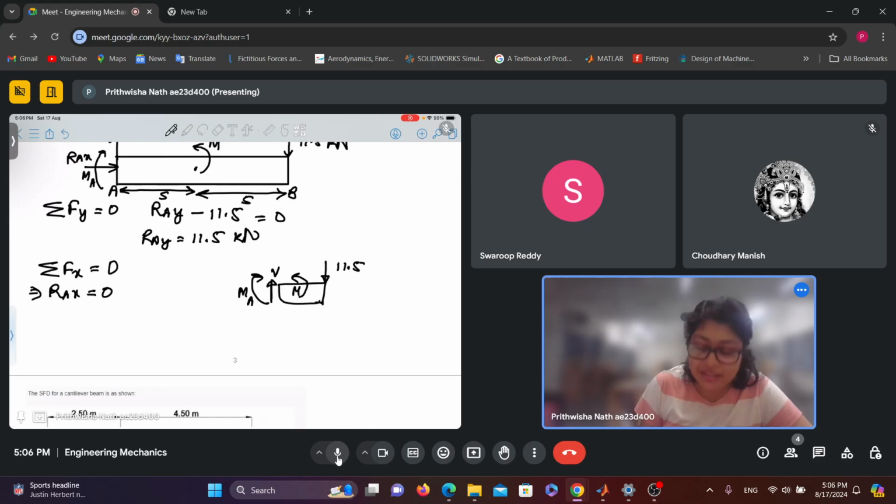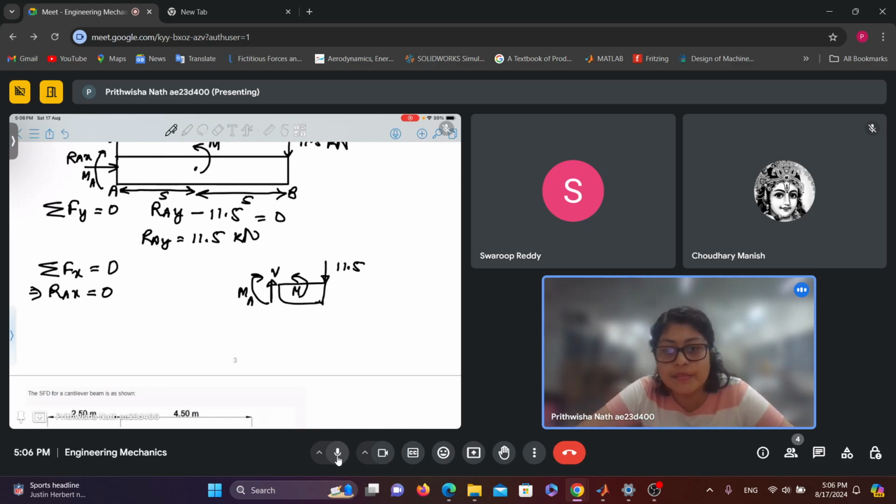Now for moment equilibrium, what should we write? Can someone tell me what should be the equation? Can you tell me what should be the equation for moment equilibrium?